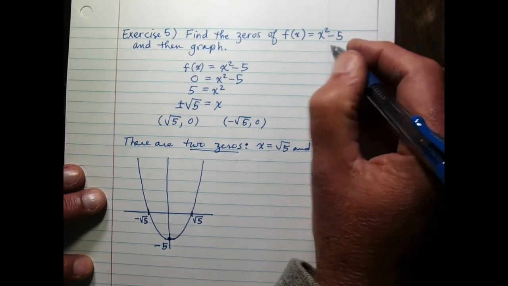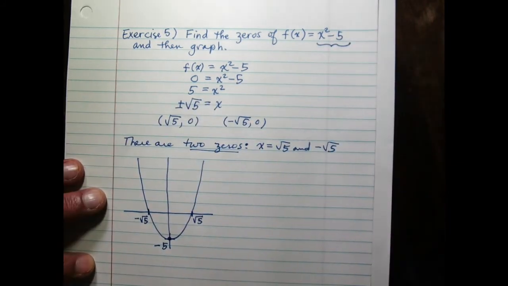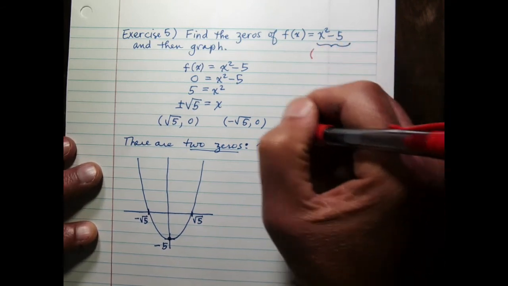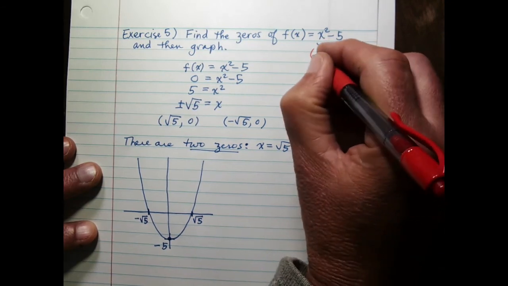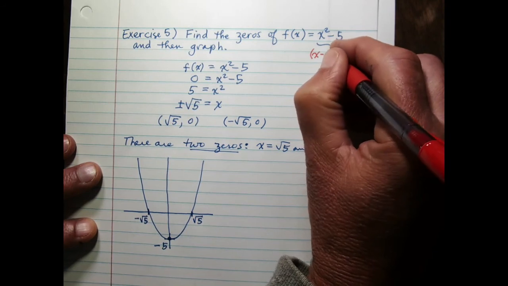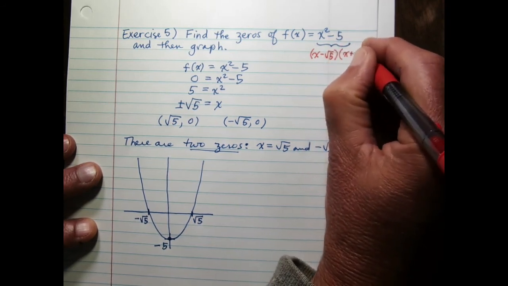The original function is not factorable using integers, but if you know anything about how we got these solutions, and if you know something about difference of squares, we could factor that original quadratic as x minus the square root of 5, x plus the square root of 5.